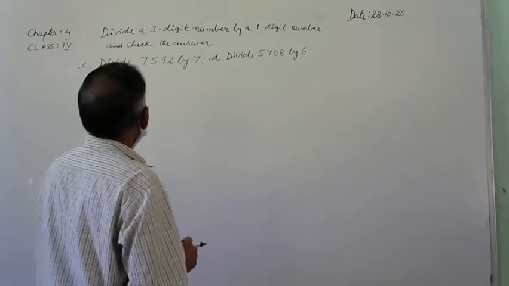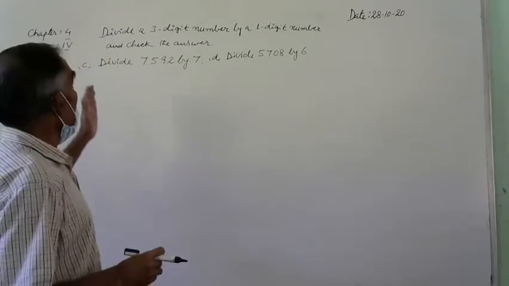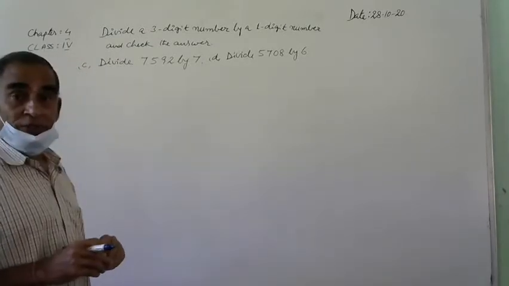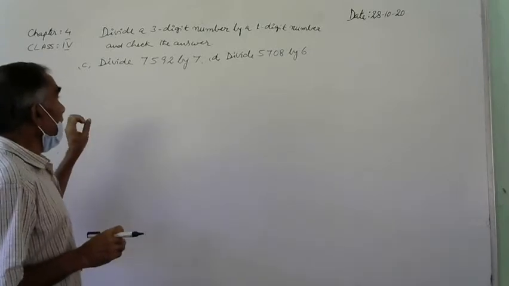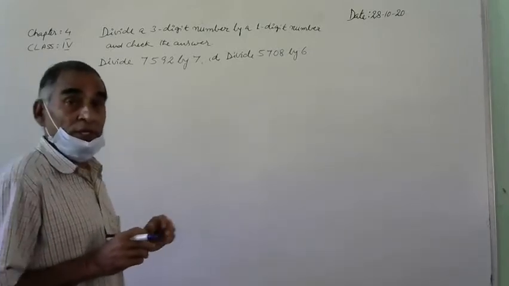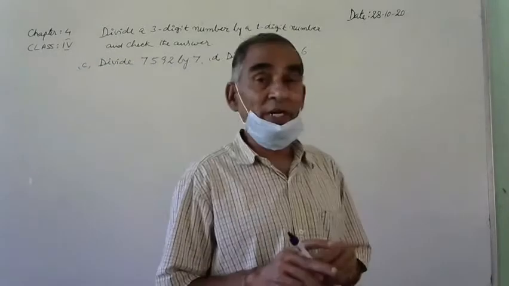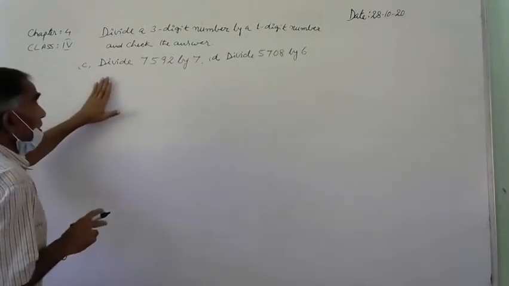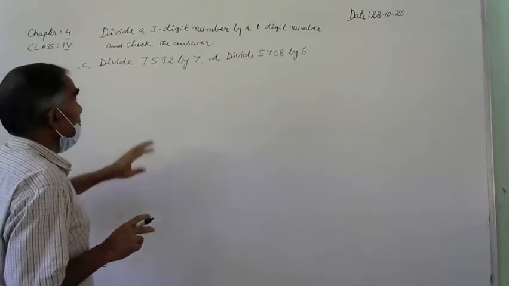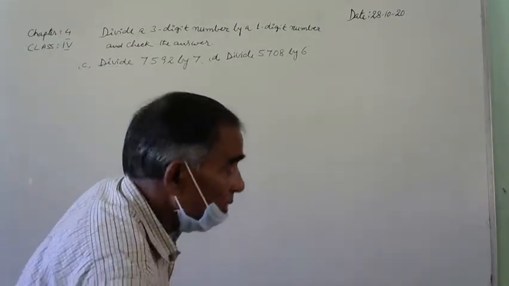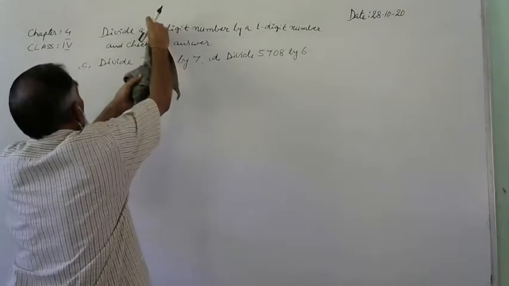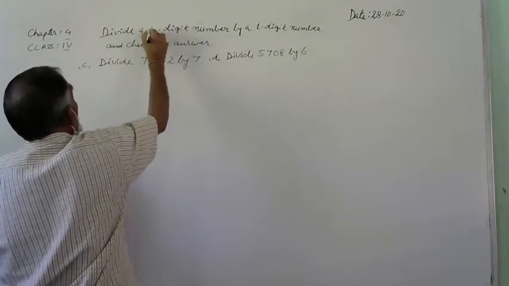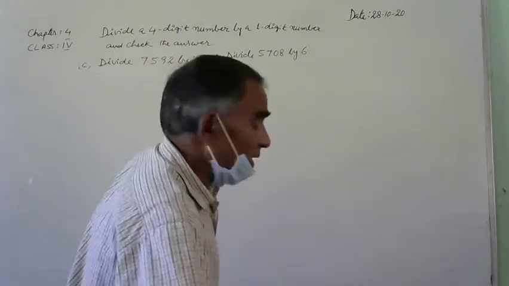Yes, children. Now some other examples I am showing you. Here, I try to explain a 4-digit number divided by a 1-digit number. Here you see, divide 7,592 by 7.